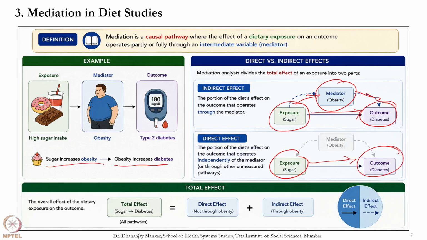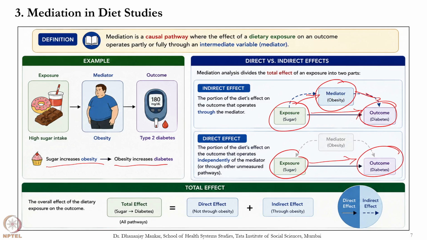Okay. So what is the total effect? That we will also try to understand. Total effect is the overall effect of the dietary exposure on the outcome. So the total effect of sugar directly linked with diabetes, across all pathways, is equal to direct effect plus indirect effect.